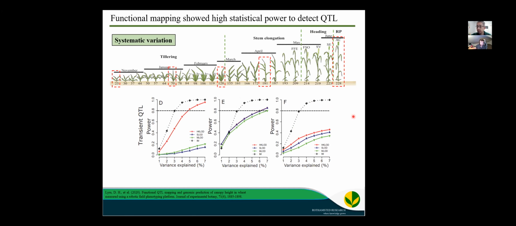However, when we looked at the transient QTL, we observed that interval mapping for the individual time point has higher statistical power.